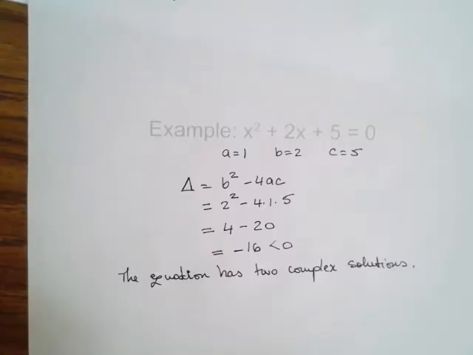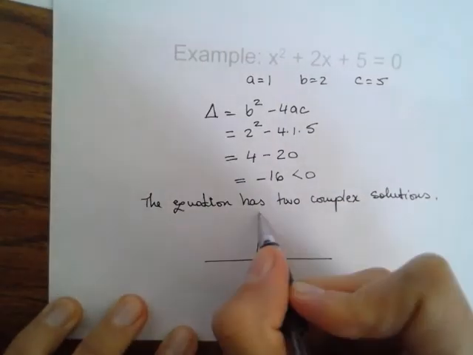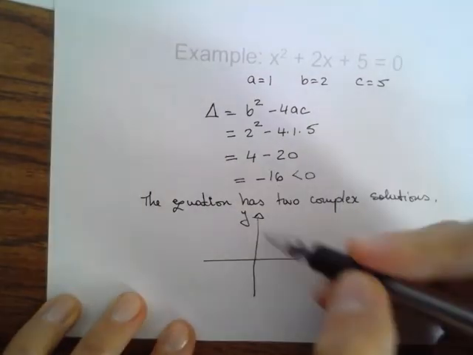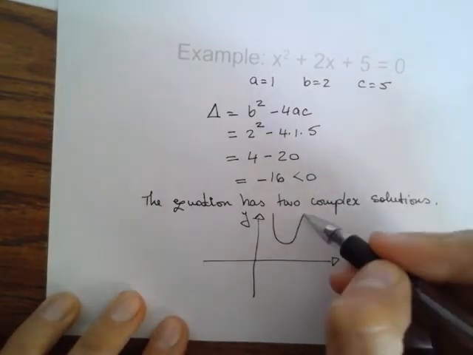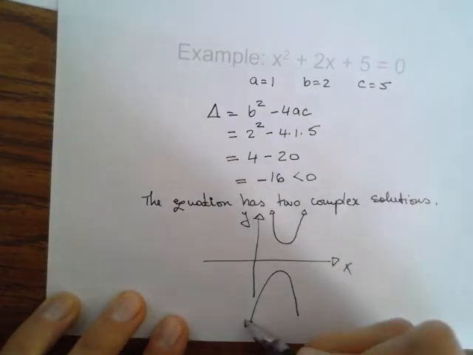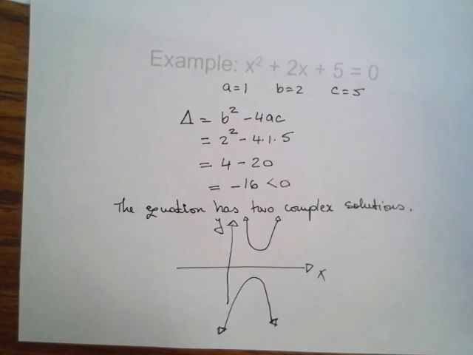Now graphically, if I were to graph an equation with two complex solutions, that would mean that the parabola will not be able to touch the x-axis. It's going to be either above the x-axis or under the x-axis. So this is how we can use the discriminant to get information about the solution without actually finding the solutions.